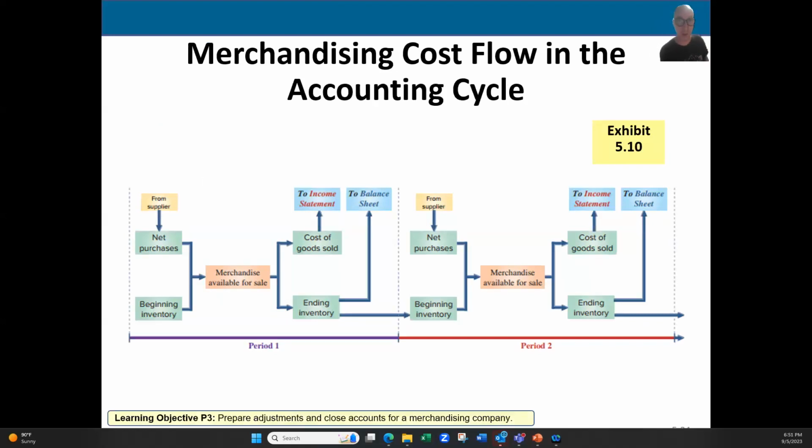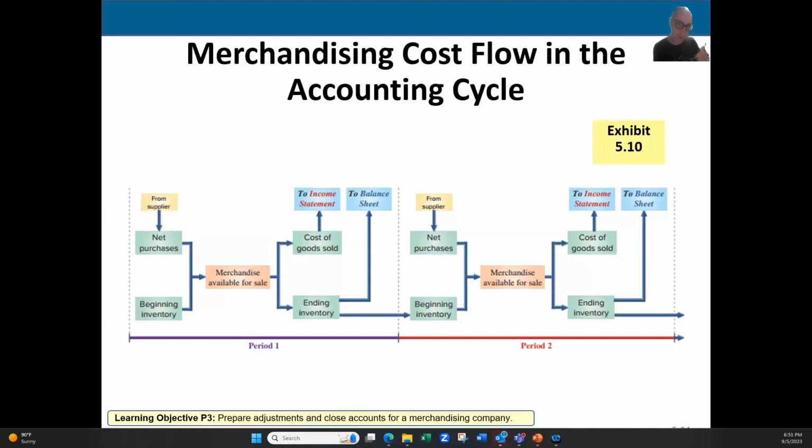At the end of each accounting cycle, we go through the accounting cycle and follow the flow of the merchandise. As we talked about earlier, we purchase from our suppliers, plus the beginning inventory balance we started the month with, equals merchandise available for sale.